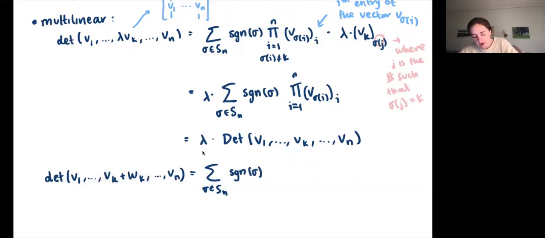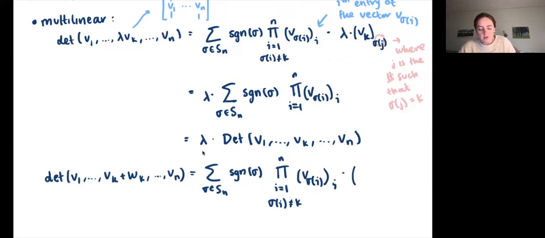So I'll take again the product as i goes from 1 to n, and we're looking at those i's such that sigma of i is not equal to k, and we'll have v sigma i sub i. And then we're also going to be multiplying this by whatever's happening in this column. So that will give us vk plus wk, and we want the sigma jth entry.